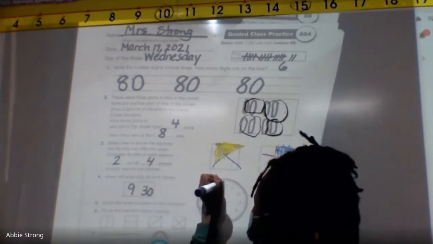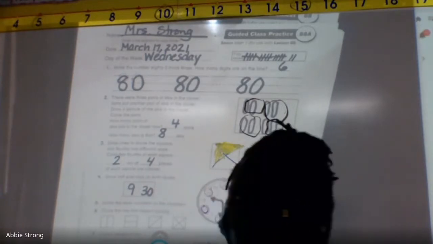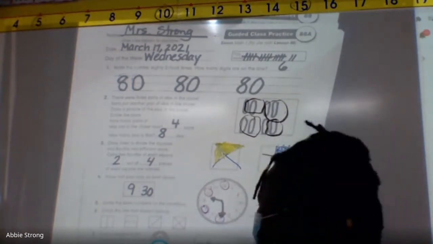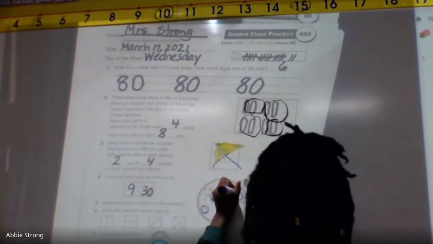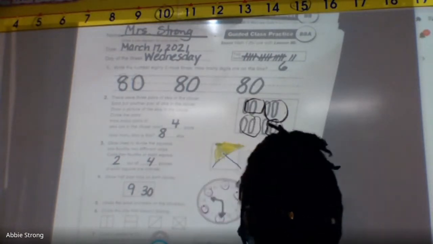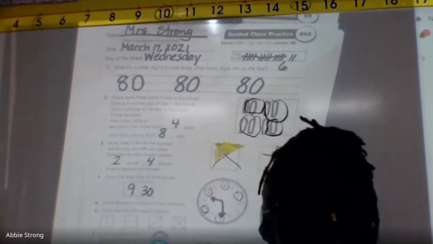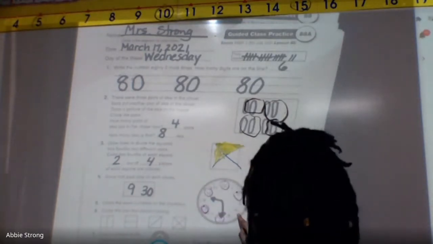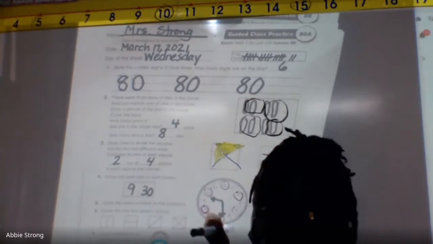Circle your 12. What's the next even number you're going to hop to? 2. Good. Circle that one. And the last one you're going to circle is a 4. Good. Circle the 4. Yep. Good job.